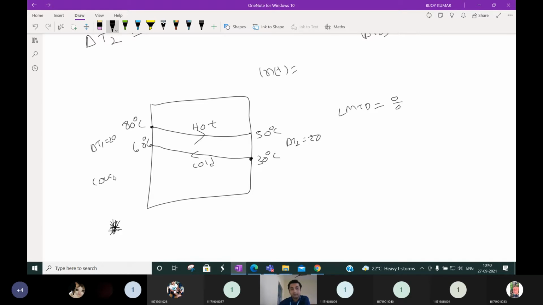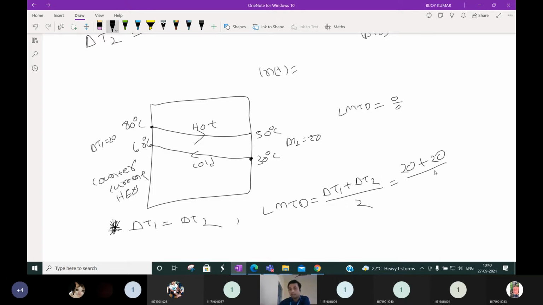In case of counter current heat exchangers, generally delta T1 and delta T2 are equal in most of the cases. Then the LMTD will be delta T1 plus delta T2 by 2, or here 20 plus 20 by 2, that is 20.